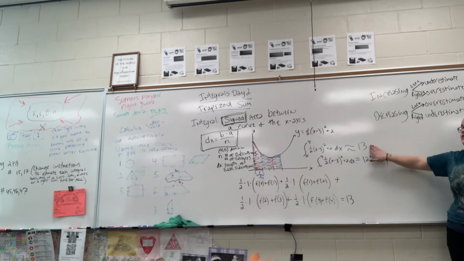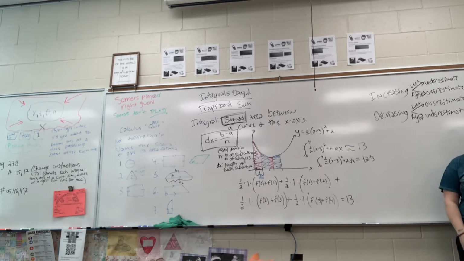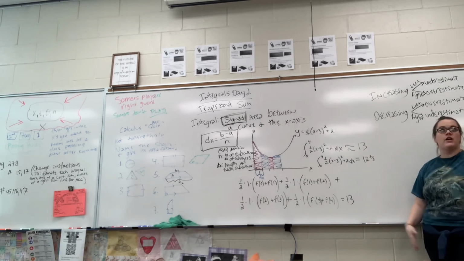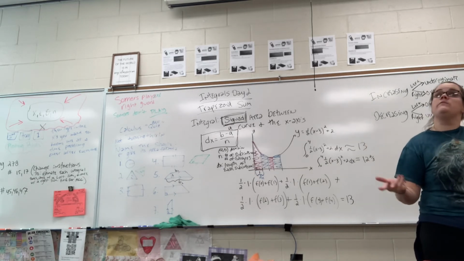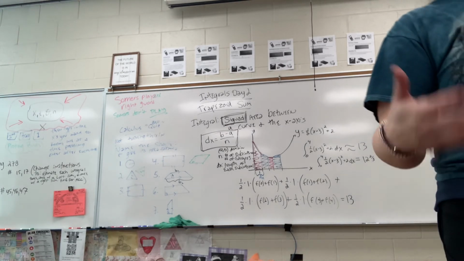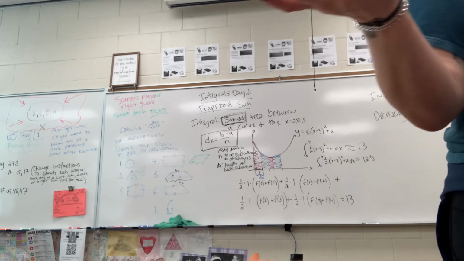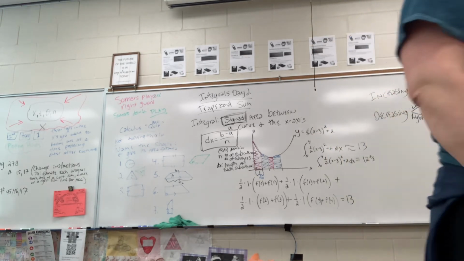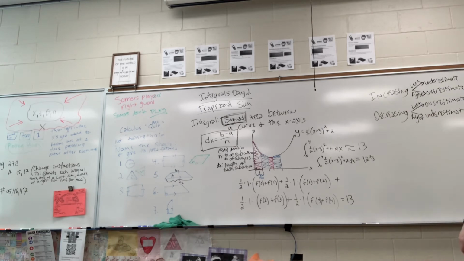They would have only taken 13, because the question would have been not find it exactly. Because we have the formula and you've got your calculator, the question would have been use a trapezoid sum to estimate this, and then it would probably say, and then describe its meaning in terms of the story. So they would only have taken the 13. Does that make sense? Good. Anyone else?